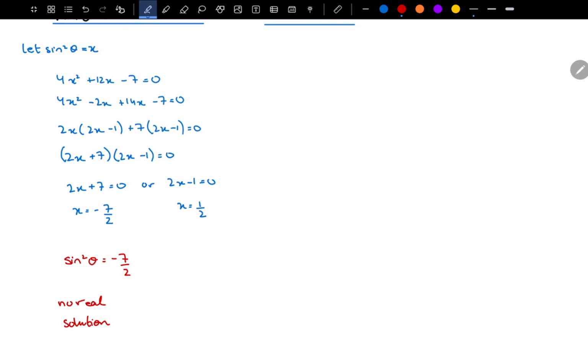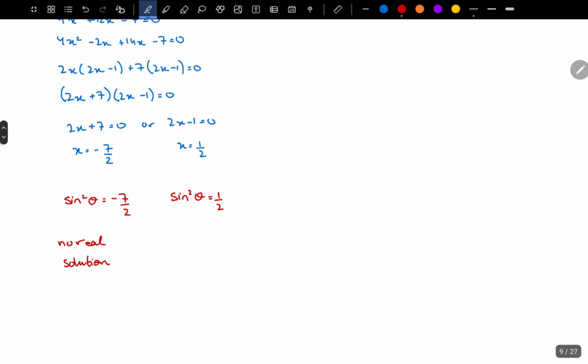So now we are left with x equals 1 upon 2, and this will give us sine squared theta equals 1 upon 2. Taking the square root to the other side, this will give us sine theta equals 1 upon root 2.